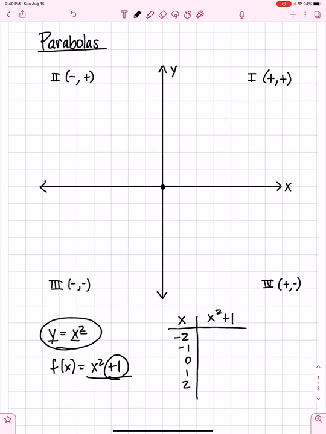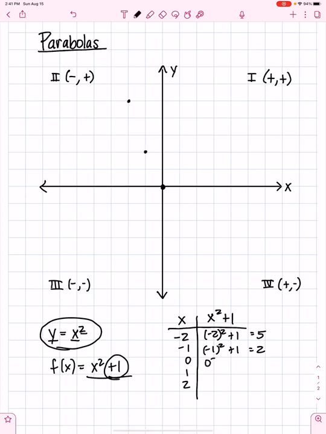All right, if I choose a -2, I substitute it in right here. -2 squared gives me a 4. 4 plus 1 is 5. So I've got an ordered pair at -2, 5. -1, substitute that in. -1 gets squared, add it to 1, I get a 2. So I've got an ordered pair at -1, 2.